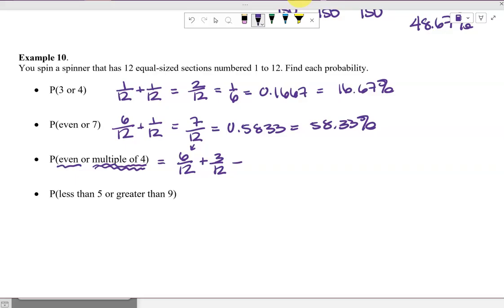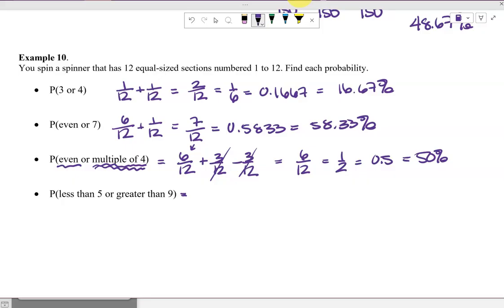And the overlap is the 4, 8, and 12, so 3 out of 12. So they would actually just cancel, and you would have 6 out of 12, which is 1/2, as a decimal 0.5, as a percent 50%.